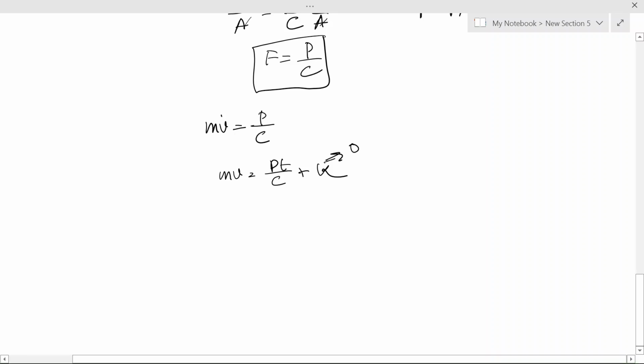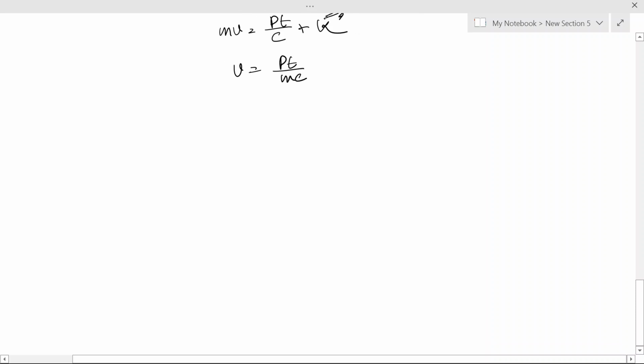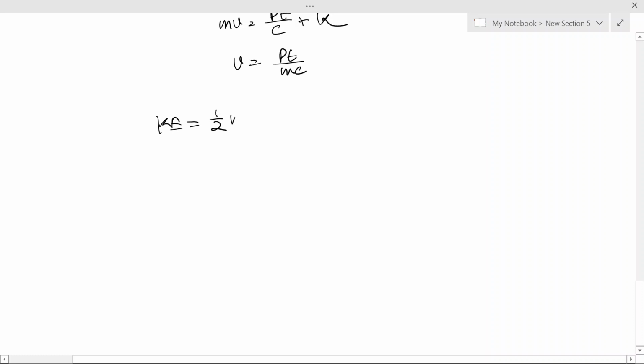So the constant will go to zero. So v is given as Pt by mc. So its kinetic energy will be half m v square is equal to half into m into P square t square by m square c square, which is P square t square by 2 m c square. Okay, so this is the kinetic energy.